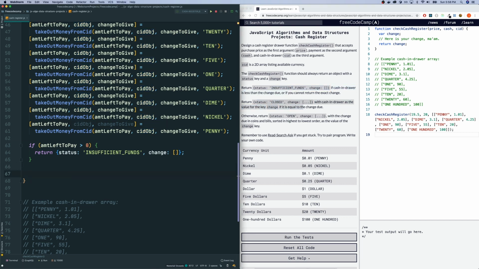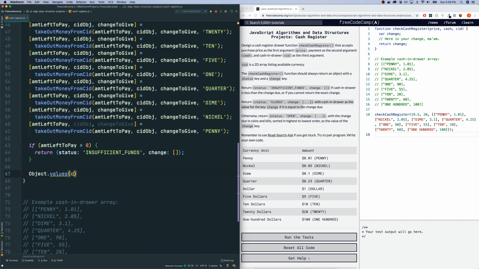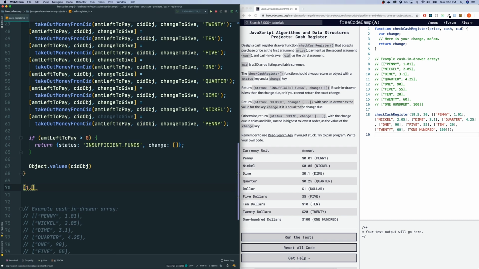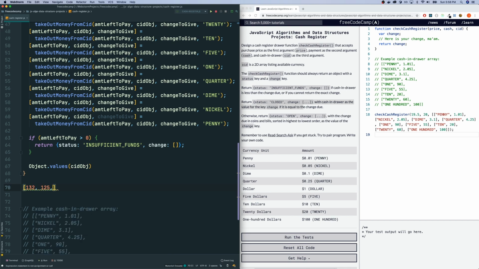So the way that we're going to do that is let's first grab all the values, which is the amount from the CID object. Object.values of the CID object. This will give us an array of all the values. Maybe like 132, 125, and so on.